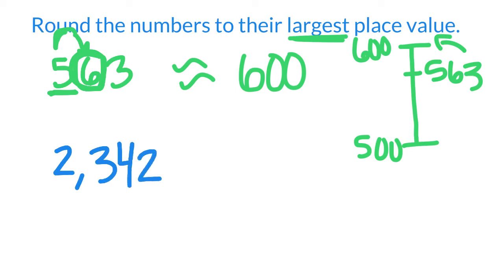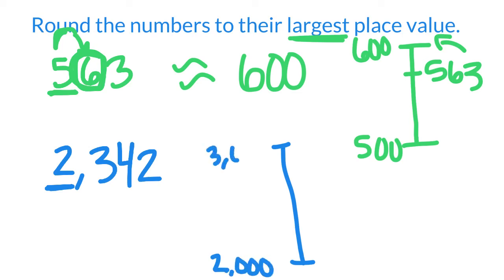2,342? Well, the largest place value here is the thousands place. So we need to see which thousand our number is closest to. Our number is 2,342, so we're looking at between 2,000 and 3,000.